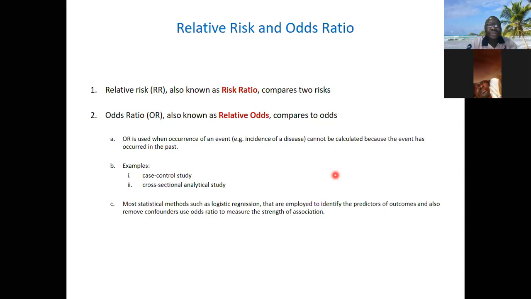So, odds ratio and relative risk: what you do is you have 2 groups of people, or subjects. Some groups are exposed to a factor that can cause an outcome.